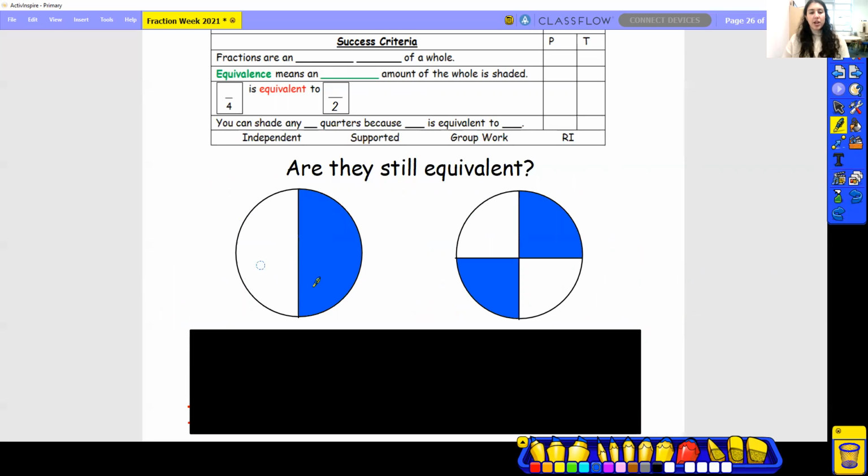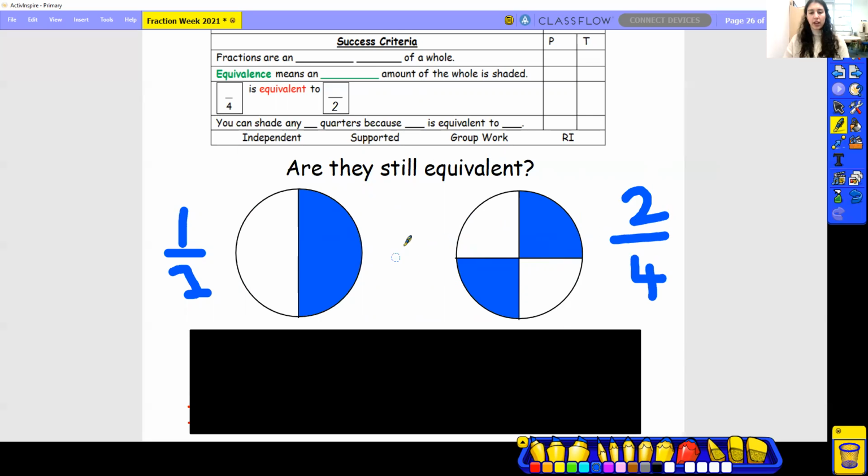So how much of this shape is shaded? Well done, it's split into 2 and one of them is shaded. So I say that 1/2 of this shape is shaded. How much of this shape is shaded? Well, it's split into 4 equal parts, so my denominator is 4. How many of them are shaded? 2, 2/4.